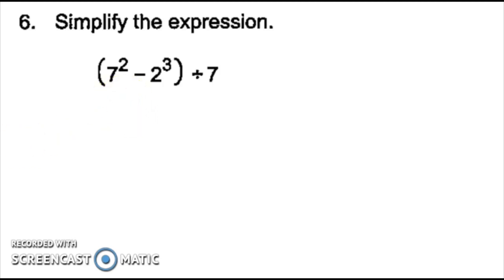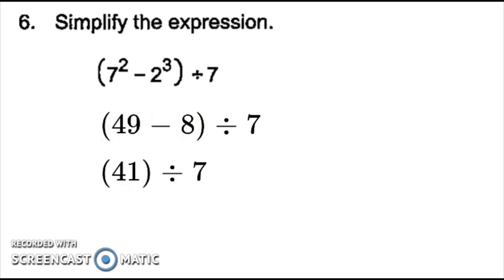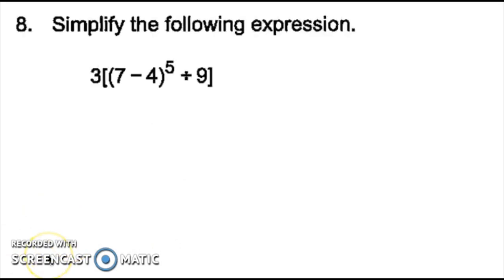So 7 squared is 49 and 2 to the third is 8. So now the parentheses involving that would be 49 minus 8, which is 41, divided by 7. 41 divided by 7 is the fraction 41 over 7, which can't be reduced, so that would be your answer for number 6.